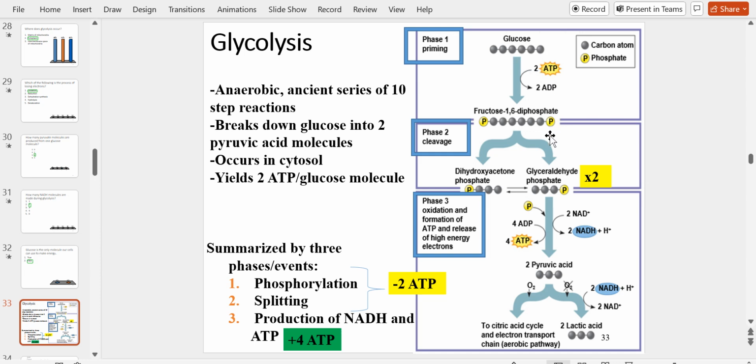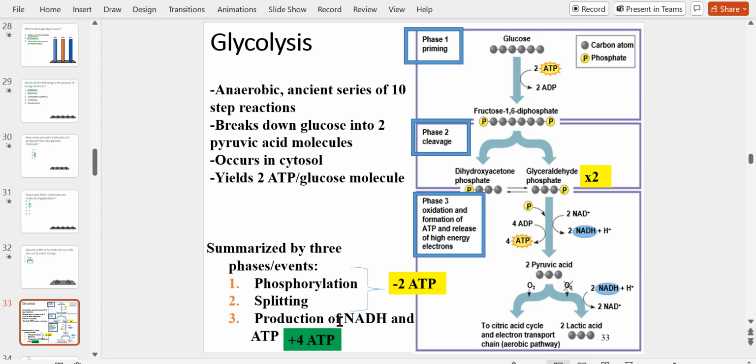You added a phosphate and a phosphate. It's still 6-carbon, but you've got a phosphate on either end. And then splitting: you cut that 6-carbon into 3 and 3. There's the beginnings of your pyruvate: a 3-carbon and its phosphate, a 3-carbon and its phosphate.